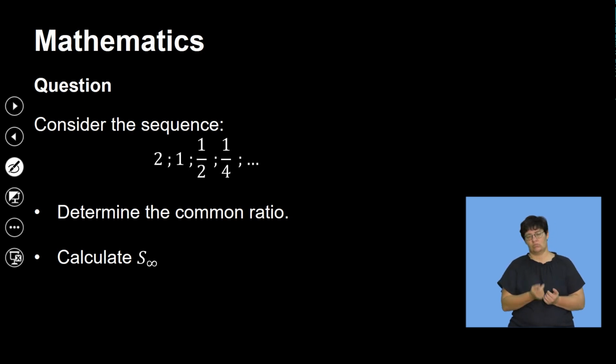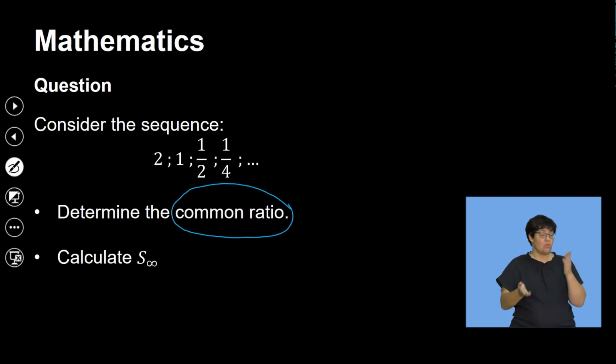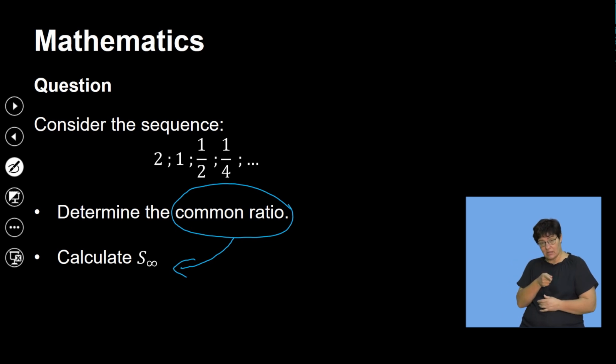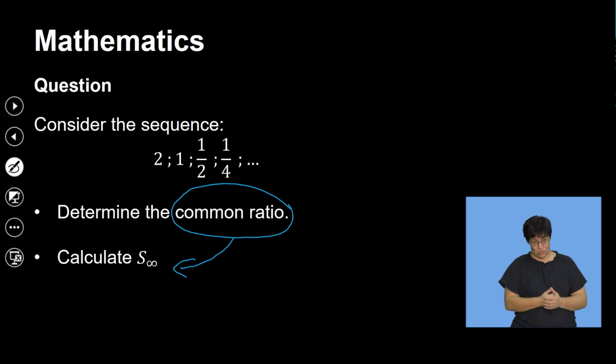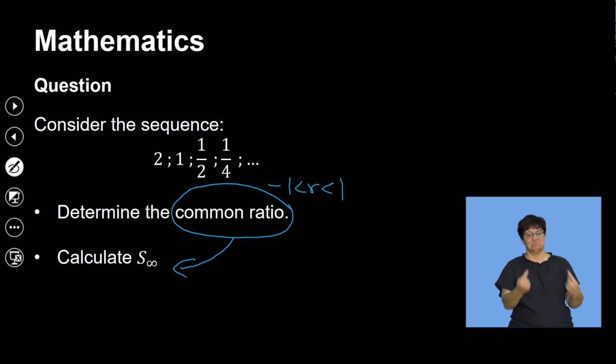Firstly, determine the common ratio. Why am I saying determine the common ratio? The common ratio is going to tell you whether you will be able to find the sum to infinity or not. If the common ratio is not between 1 and -1, then clearly I cannot find the sum to infinity. But if it is, then I can find the sum to infinity.